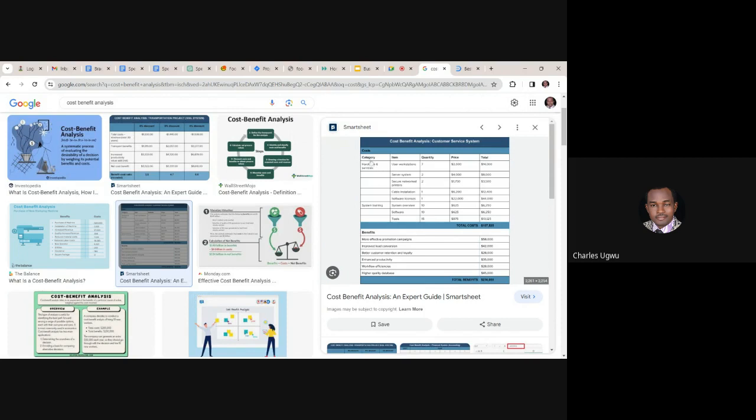So you see here hardware and system training. These are all costs and these are all benefits. When you identify all the costs and all the benefits, you subtract the cost from the benefit, and then you get the net benefit.